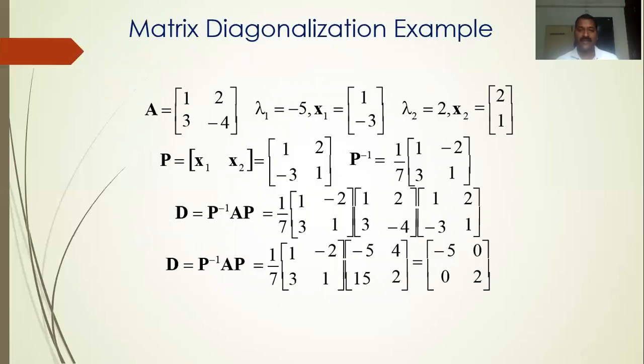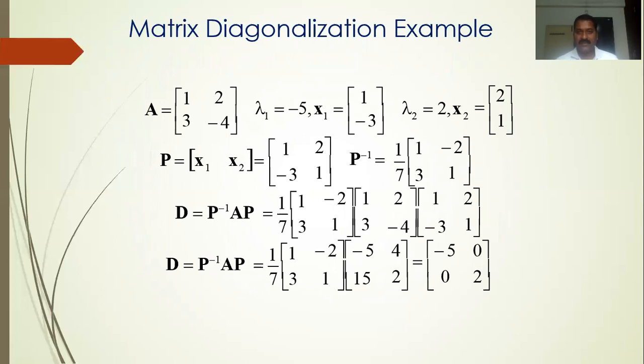Let's see a couple of examples. If A equals 1, 3, 2, minus 4, note that A is not a symmetric matrix. We'll find its eigenvalues and eigenvectors, as we have seen in our last class. Suppose its eigenvalues are lambda 1 equals minus 5 and lambda 2 equals 2. We'll find the corresponding eigenvectors.